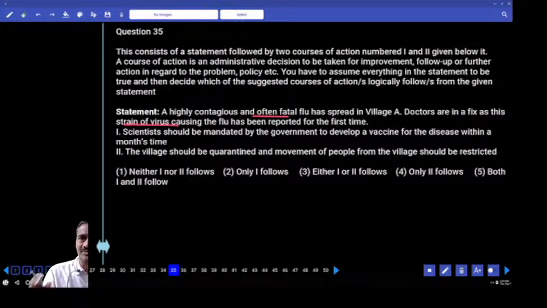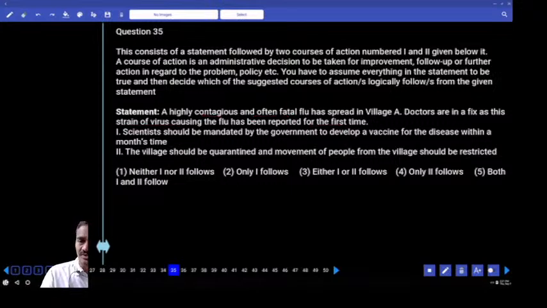Such a type of virus has been detected for the first time and it has become very contagious and often fatal. Then course of action. Course of action means how to solve the above problem. As it is contagious, the spread should be stopped first. At the same time, the people who are already affected should be cured properly. These are the two courses of action.